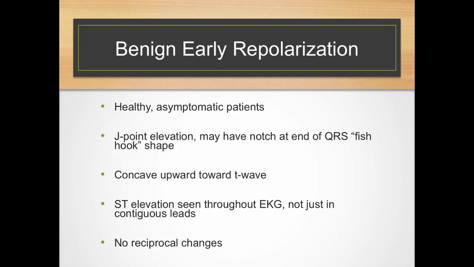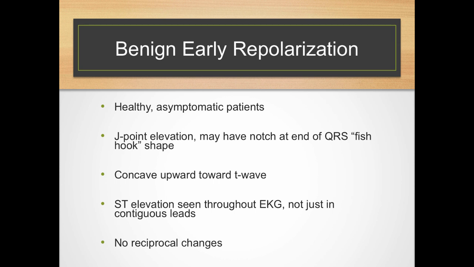Next up is benign early repolarization, because this is totally normal. But at first glance, on a 12 lead, you might say, I see a STEMI, but it's completely not normal, hence the benign part of it. There's just some early repolarization going on.